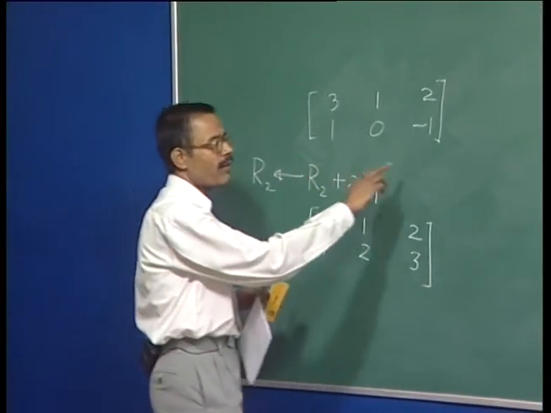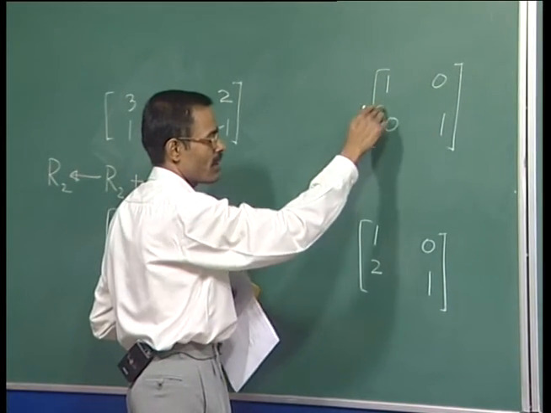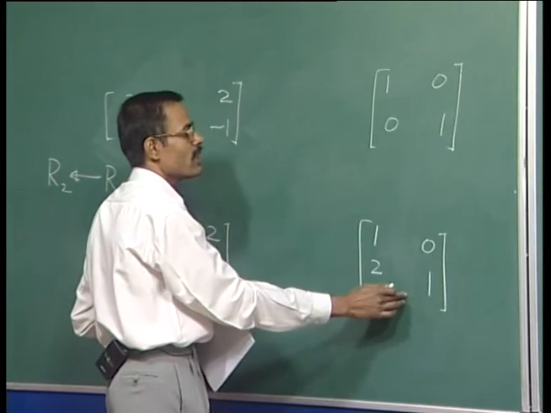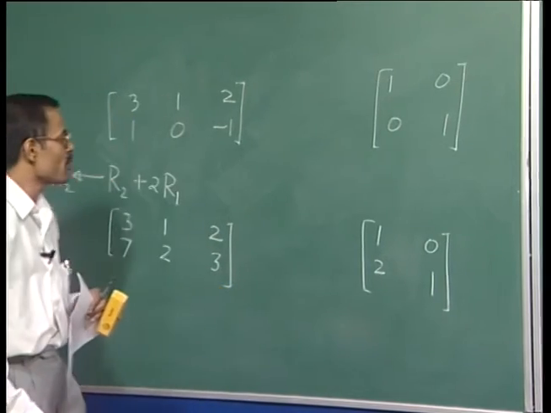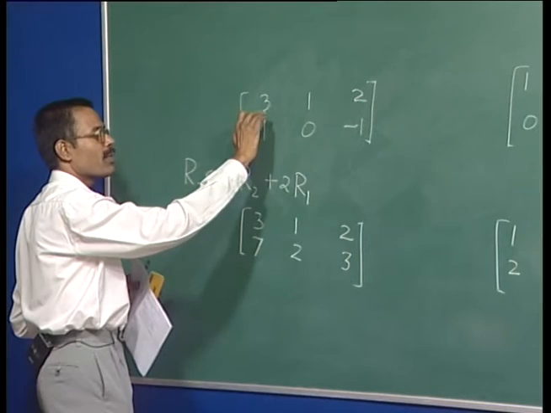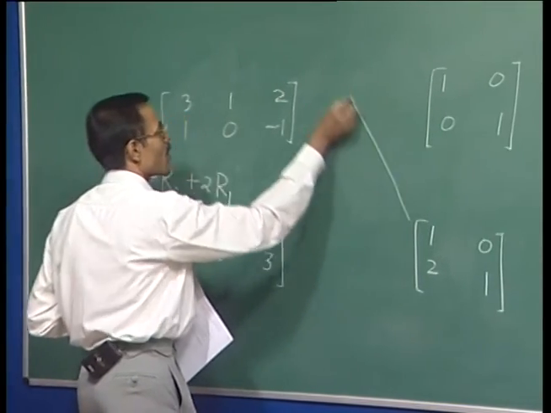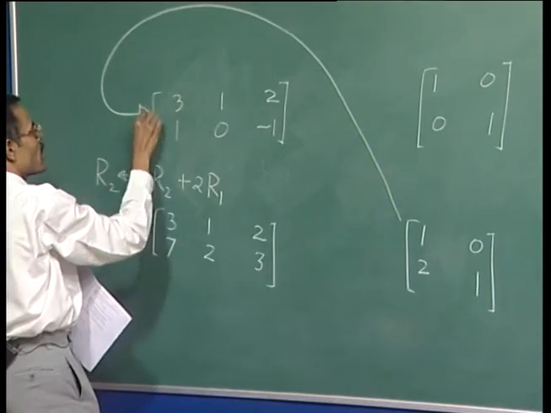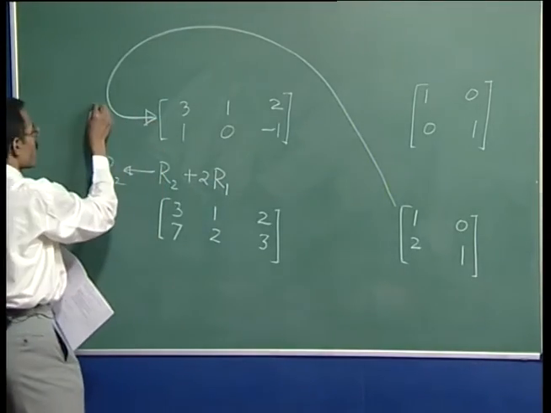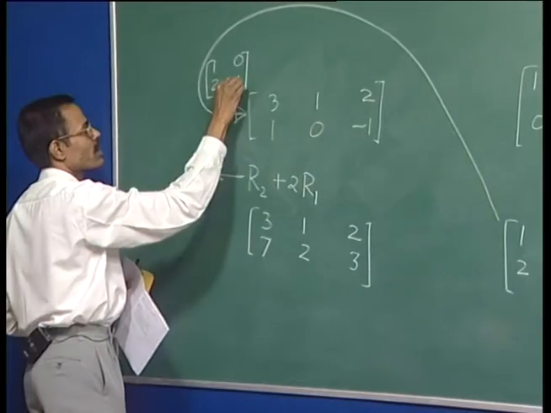Now, if we have applied the elementary row transformation to the identity matrix of the appropriate size and got this, then it would also be possible to get this same matrix not through a direct application of the elementary transformation on this matrix, but by pre-multiplying this matrix here.